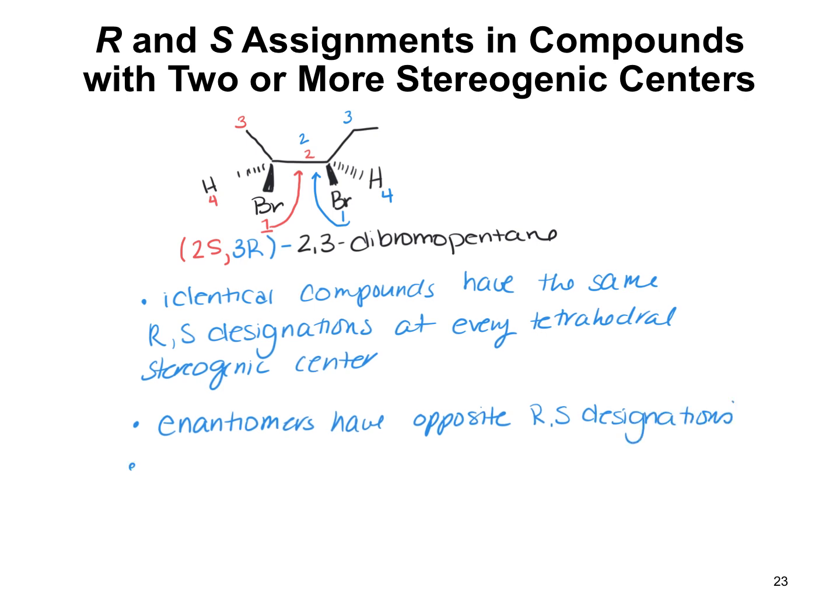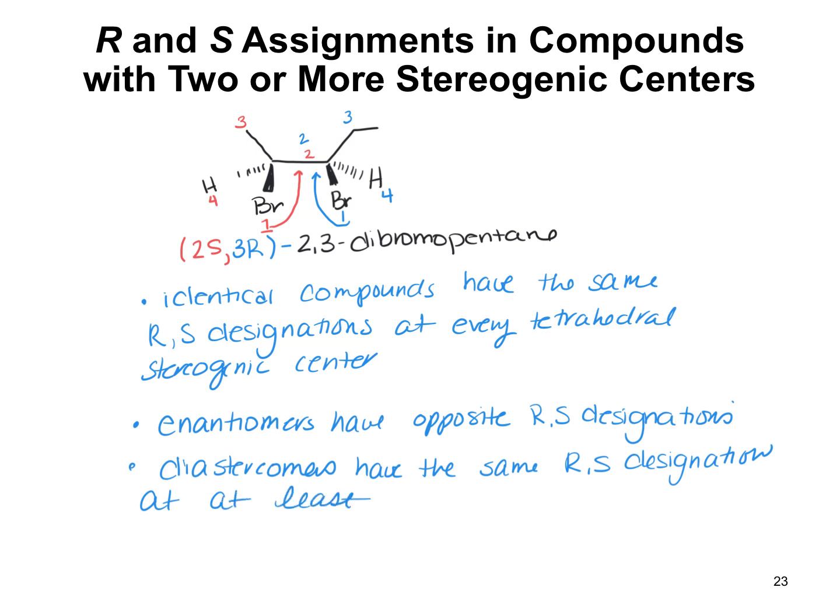Right? And then diastereomers, right, have the same R and S designation for one stereocenter, at least one stereocenter, and opposite for at least another.